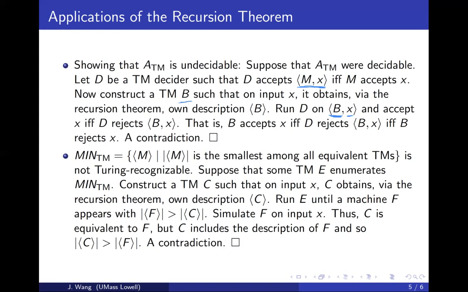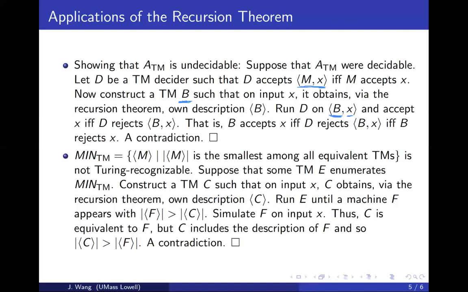When it stops, it either accepts or rejects. If it rejects, then we'll accept. So this B runs D on the description of itself and X as the input. If D rejects it, then B accepts X. Otherwise, B rejects it.